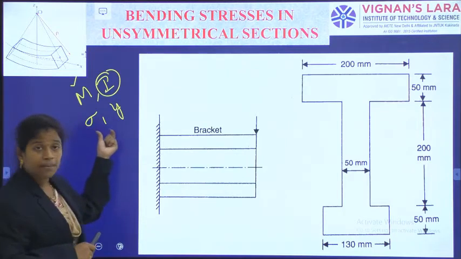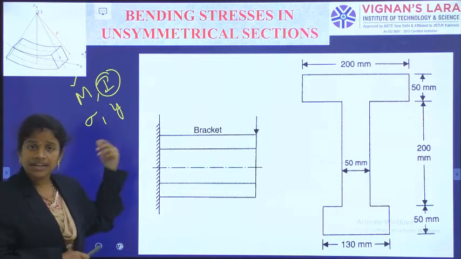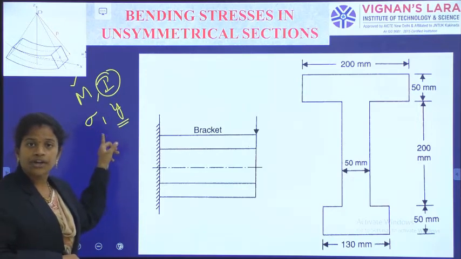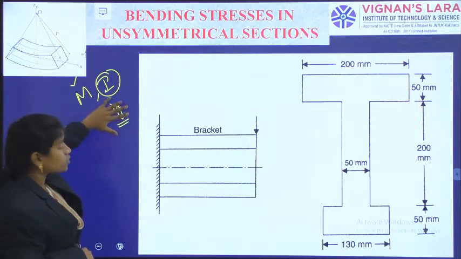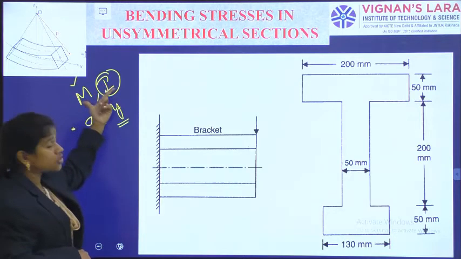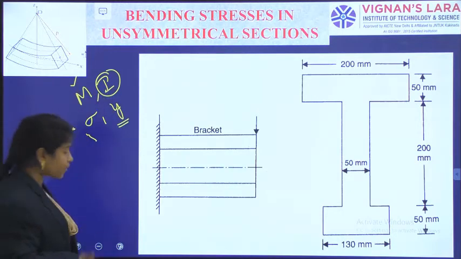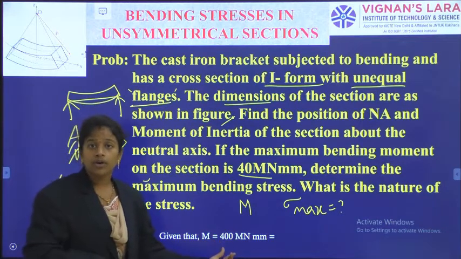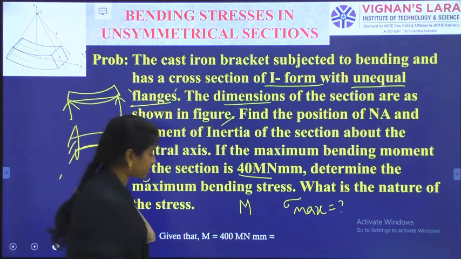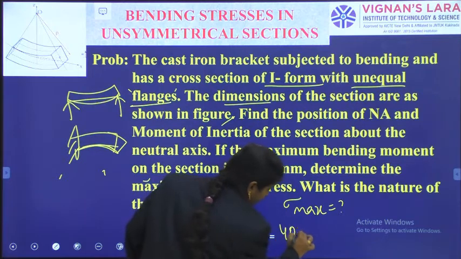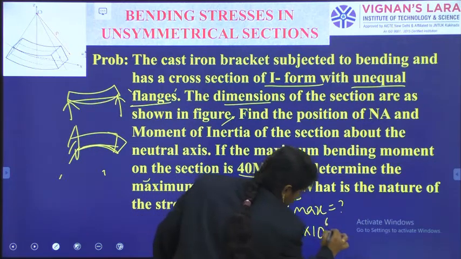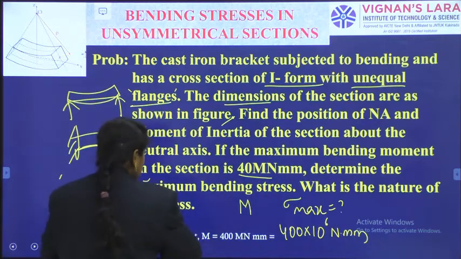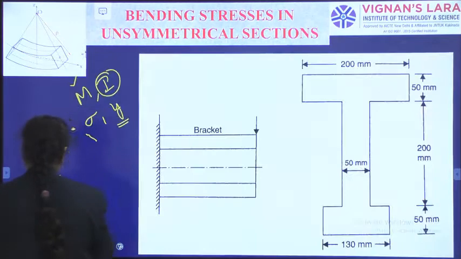Then sigma max is the final unknown, and Y is the distance of the corresponding point from the neutral axis. So from the given data, capital M is equal to 400 into 10 power of 6 Newton millimeter.